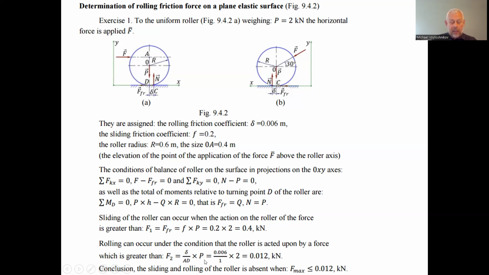F2 has to be, after the substitution of P, the wedge equal to the support reaction force, and AD is the total of the radius and the elevation of the line of action of the force over the axis of the wheel. Together we have AD: the radius assigned is 0.6, elevation 0.4, so we have 1 meter.